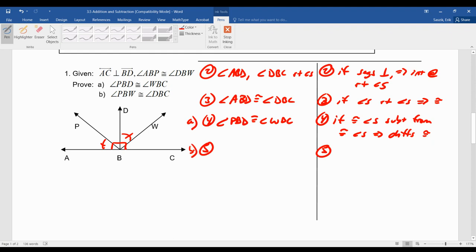So this is just one more step. Angle PBW is congruent to angle DWC. This is going to be 17A on your gold sheet: if the same angle is added to congruent angles, then the sums are congruent. All right.